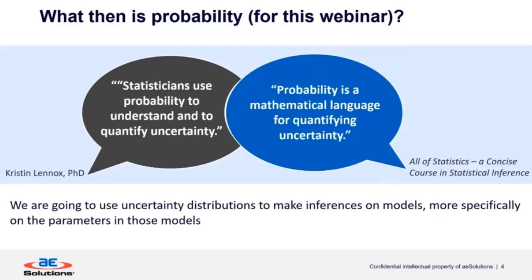Another one is probability is a mathematical language for quantifying uncertainty. That's how we will use the word probability in this webinar. Specifically, we're going to use uncertainty distributions to make inferences on models, more specifically on the parameters in those models. I'll have a slide dedicated to parameters as well.